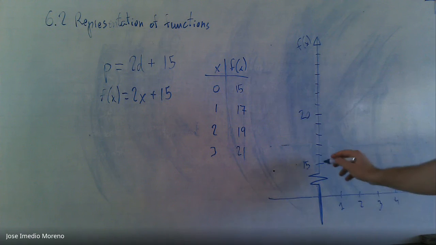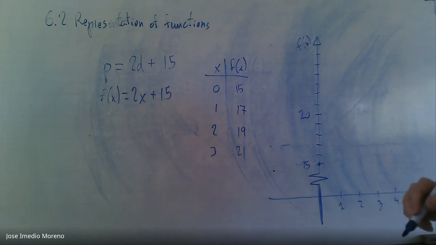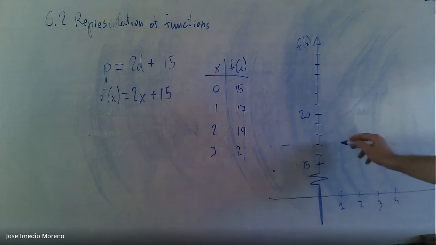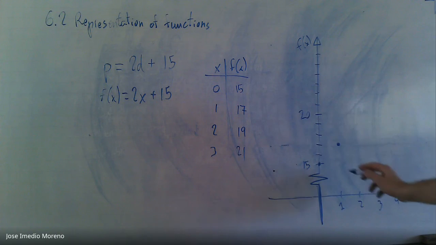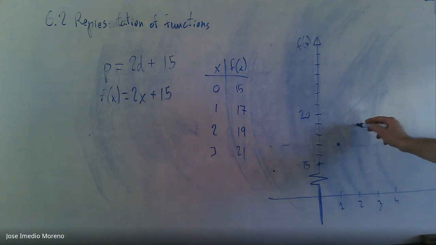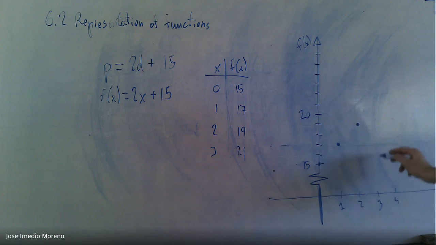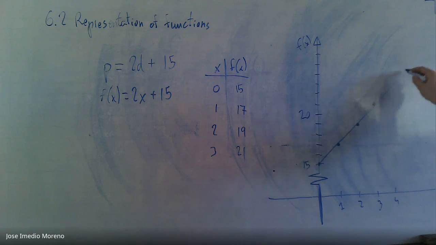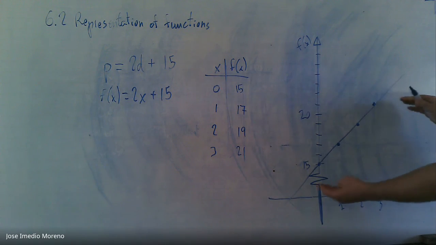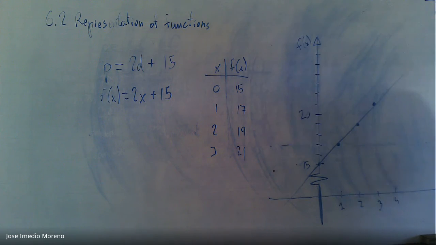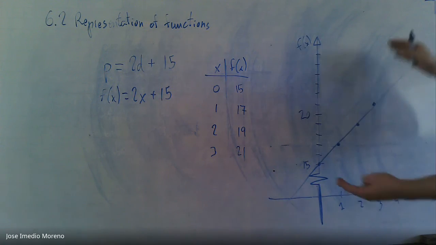So now I can do it quite easily. This is 0, 15, 1, 17, 2, 19, 3, 21, and here I can have my straight line. I don't need to put it so high, so it's easier to draw.